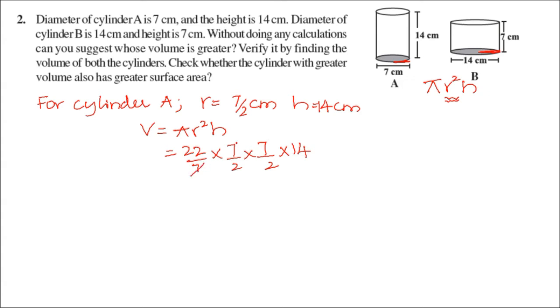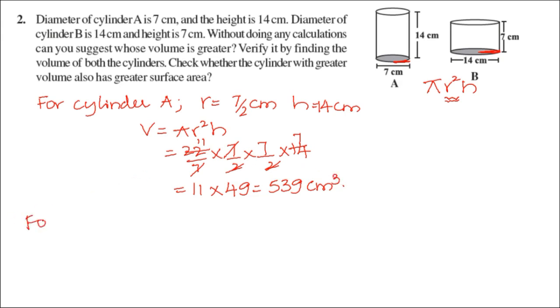Here one of the 7 can be cancelled. This 2 11 times, 2 7 times, will give 11 multiplied by 49, which will be 539 centimeter cube. This is the volume of cylinder A.